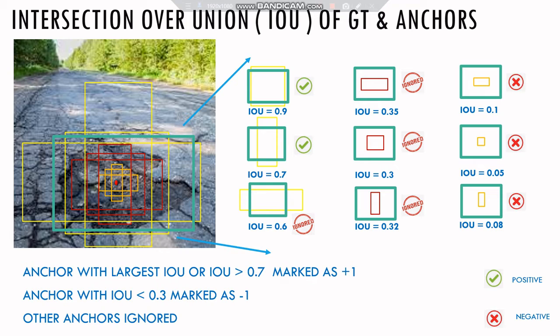So the concept of intersection over union and the ground truth is this. There was a certain set of rules which were defined.